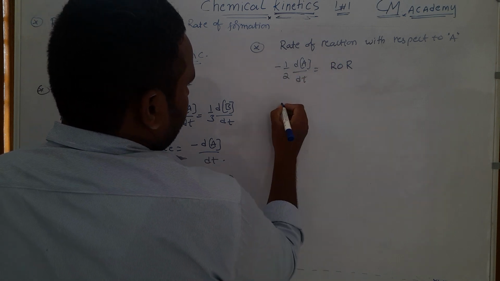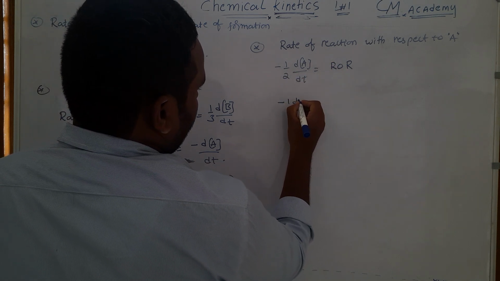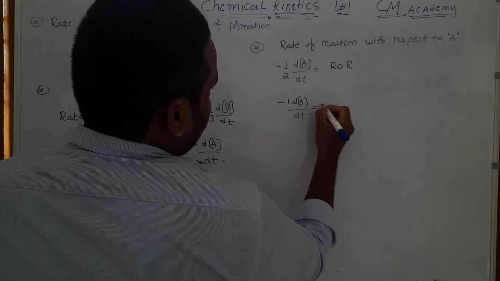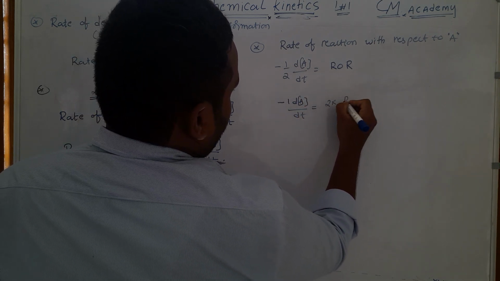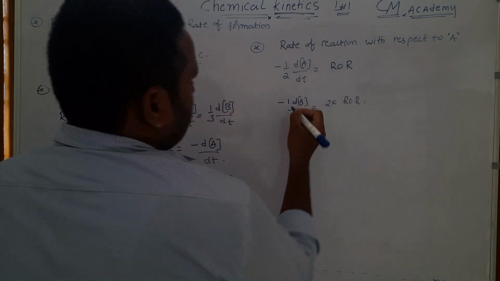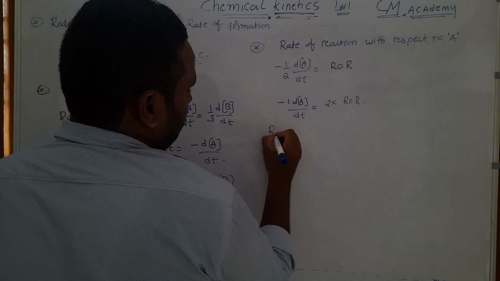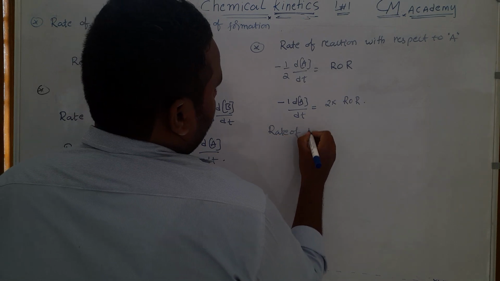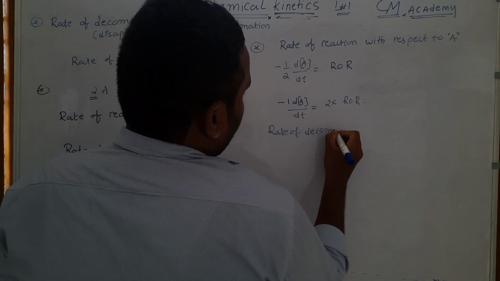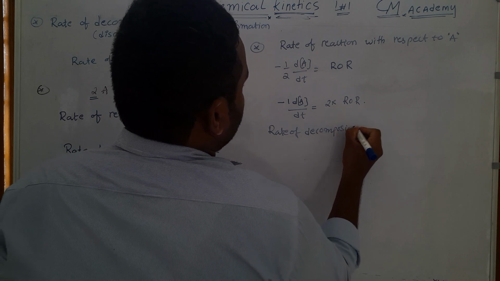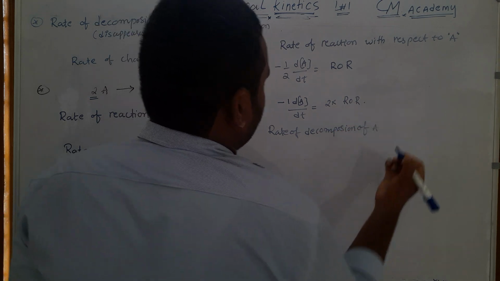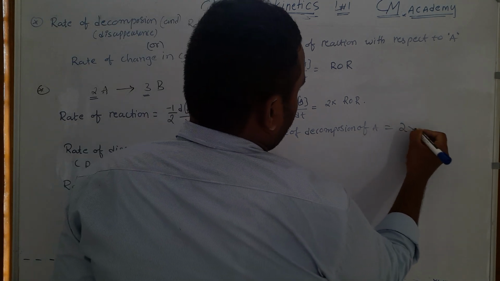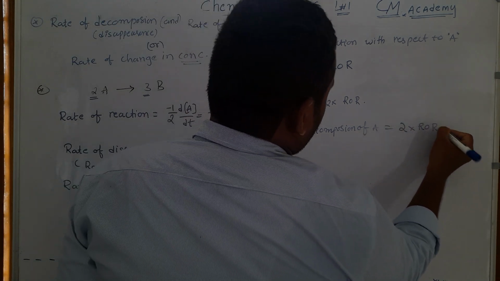If you send this to the other side, minus dA by dt is equal to 2 into ROR. This is the rate of decomposition of A. So the rate of decomposition of A is equal to 2 into ROR.